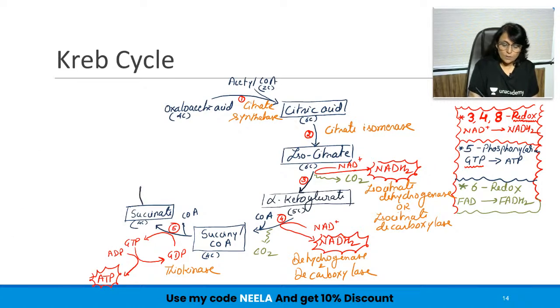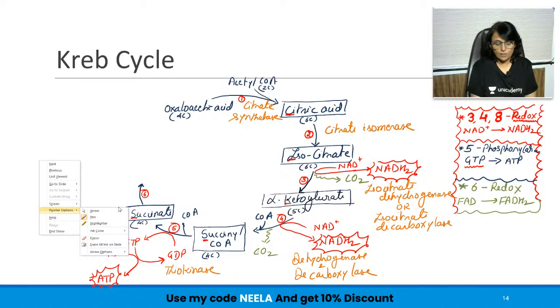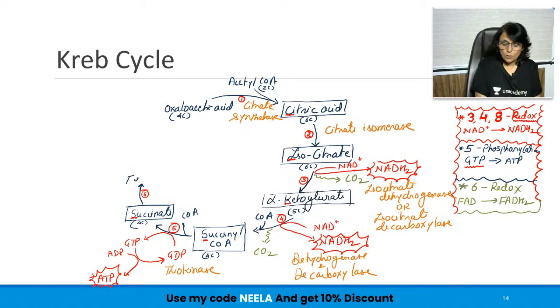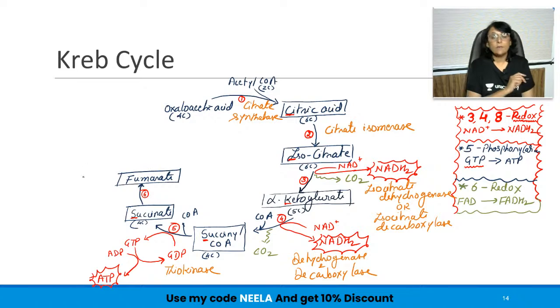So now this is our step number 6. Now next is fumarate or fumaric acid, and fumarate is also a 4-carbon compound.